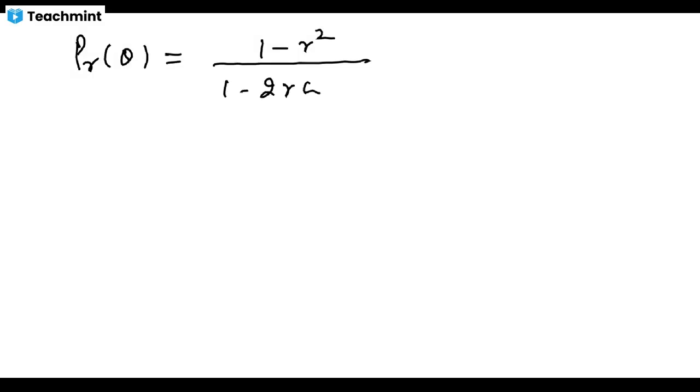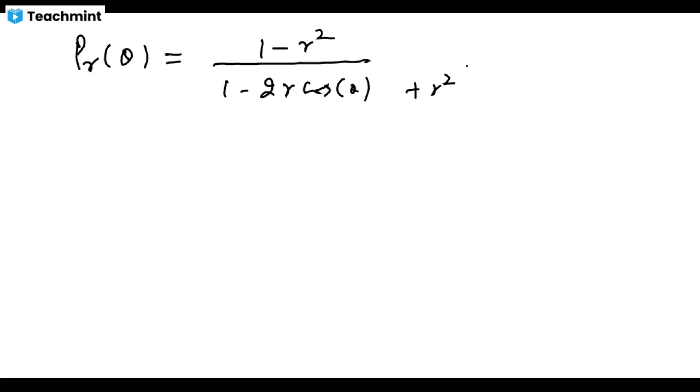Remember, we have this expression for the Poisson kernel: P_r(theta) is given by (1 minus r square) upon (1 minus 2r cos(theta minus t) plus r square), when r is a number less than 1. Instead of taking theta minus t, let it be only theta first.